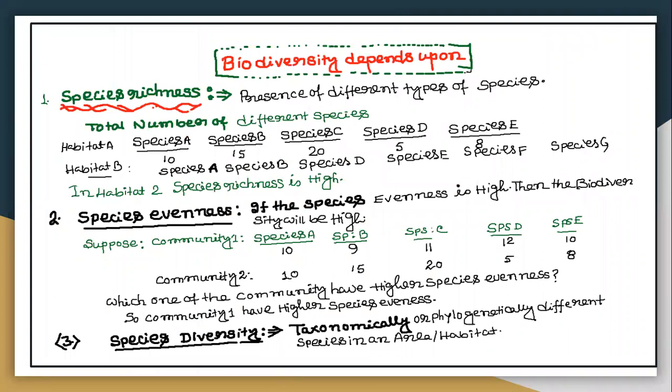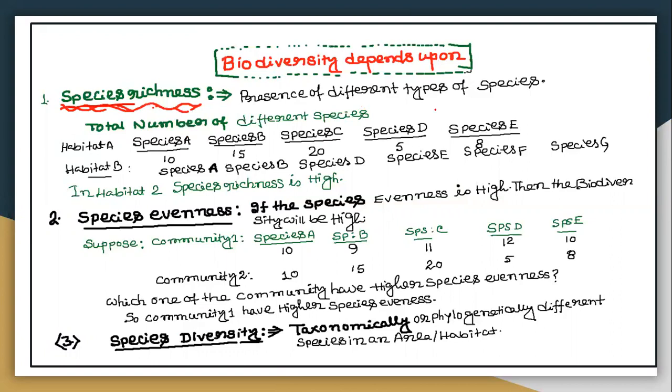Now, biodiversity depends on different factors. First is species richness. What do you mean by species richness? Species richness means the presence of different types of species, right?